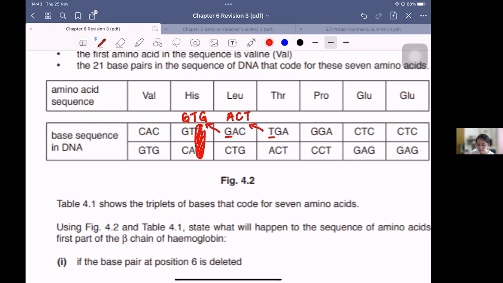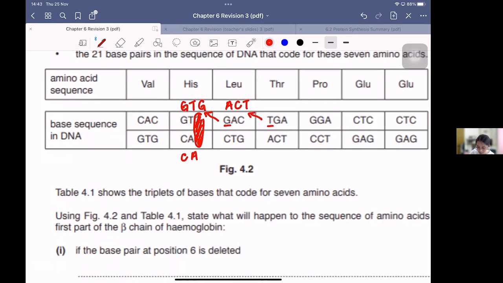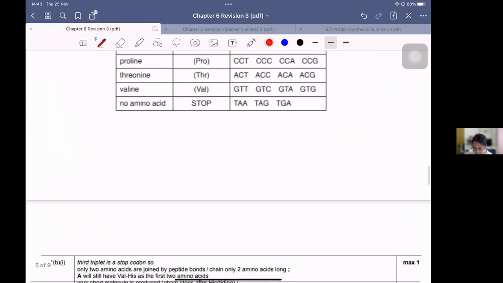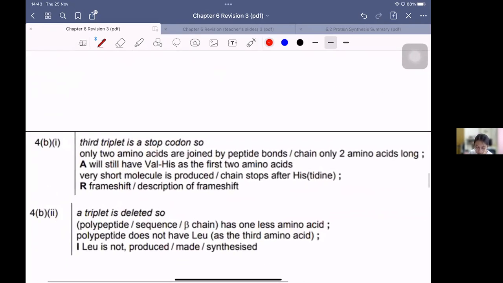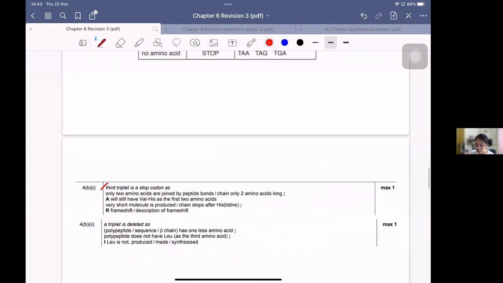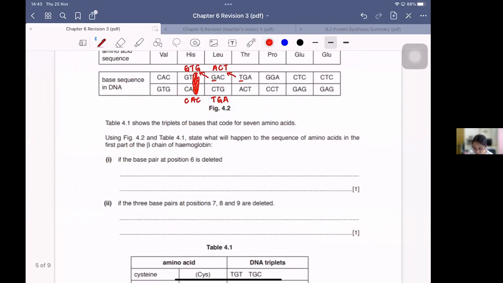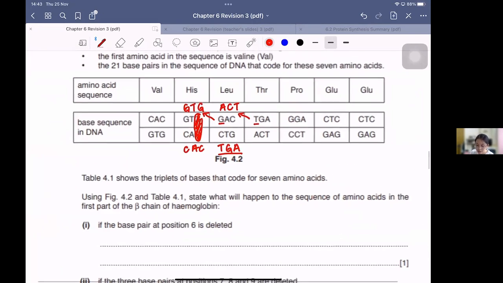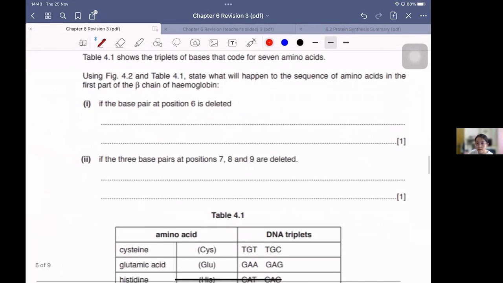And this part, CAC and TGA. So let's take a look at the mark scheme. The mark scheme stated that the third triplet is a stop codon. It's a stop codon because we've already found that it's TGA. So let's refer to table 4.1.